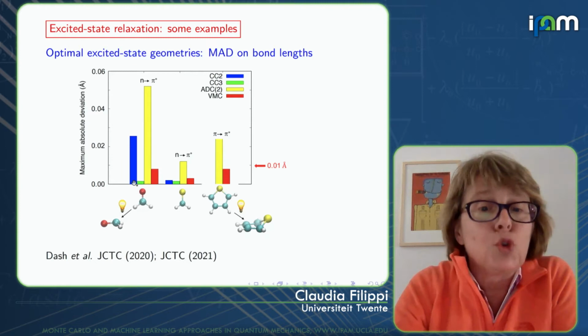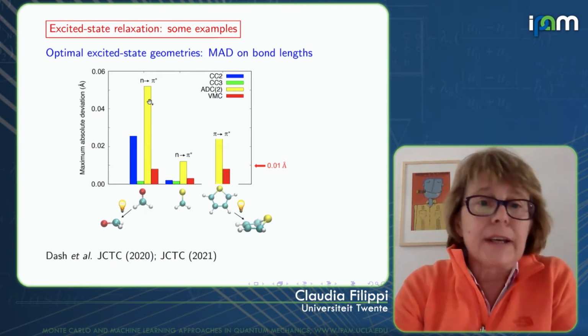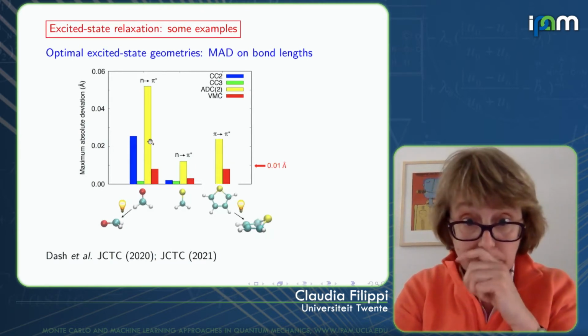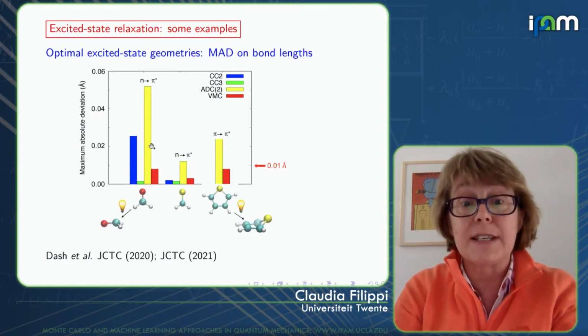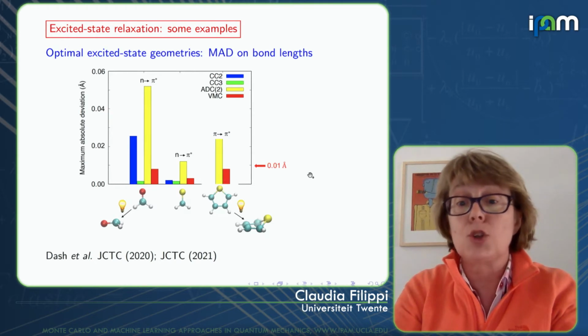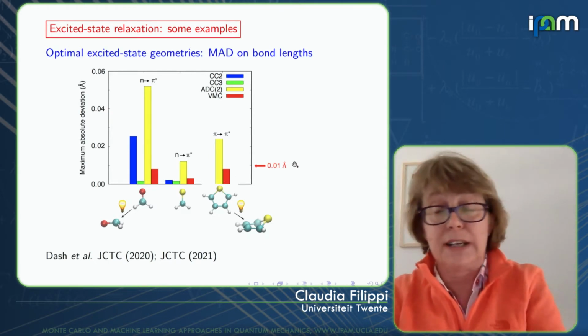So these are two coupled cluster approaches. This is a different quantum chemical approach sometimes appearing in the literature for geometry optimization in the excited states and also for dynamics in the excited state. And red is variational Monte Carlo. So we are within 0.01 angstrom, so I would say rather accurate.